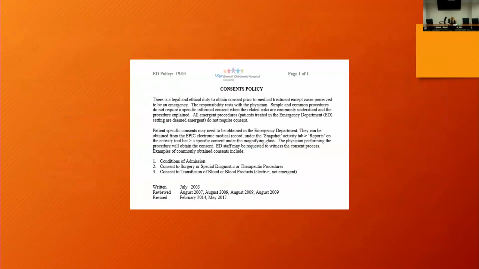Patient-specific consents may need to be obtained in the ED. They can be obtained from the Epic electronic medical record under the snapshot activity. I think this is one version before I cleaned it up. All this says is where you can get these, and we already saw these extra little consents, and that an emergent case does not.